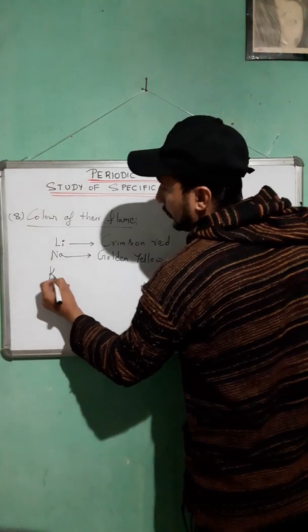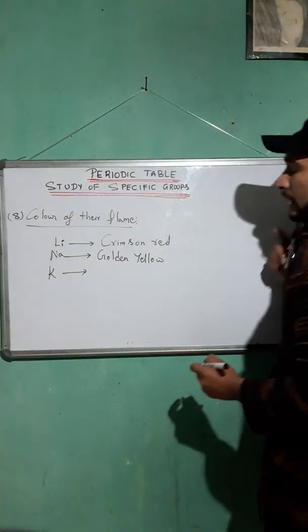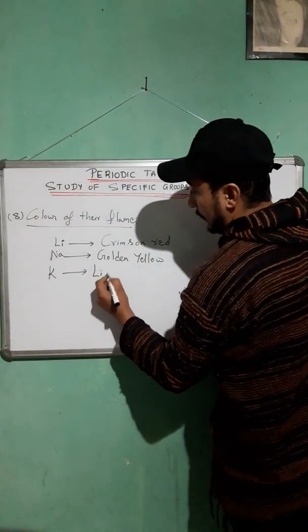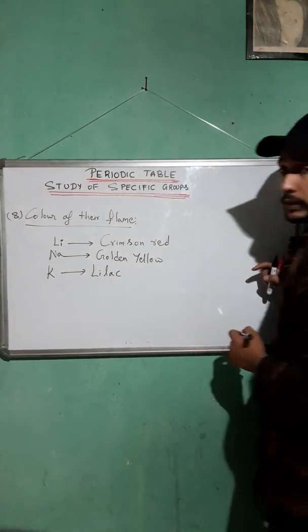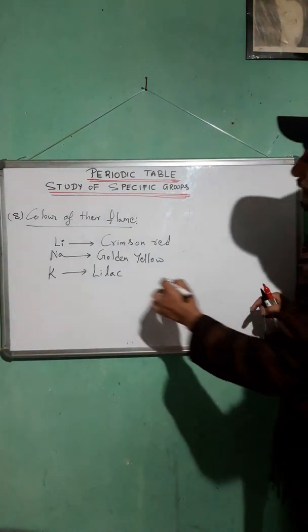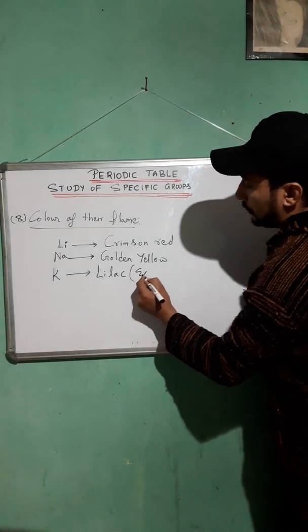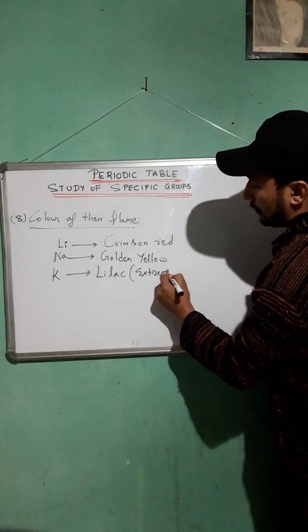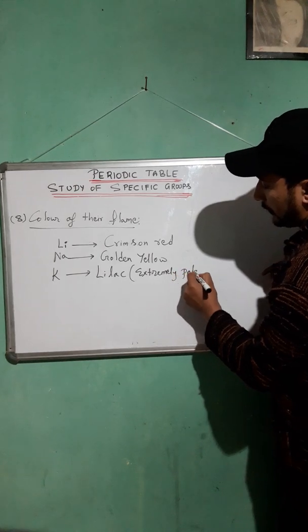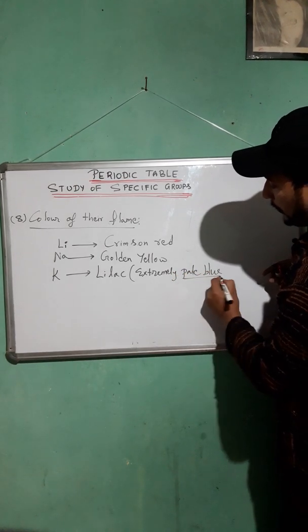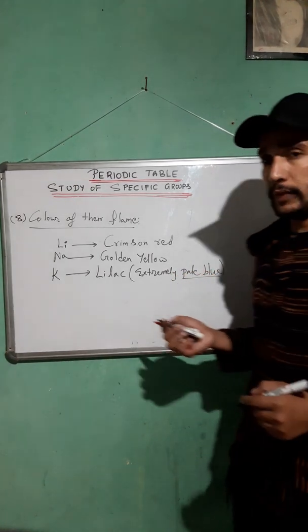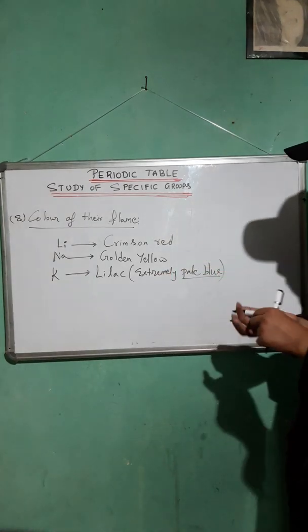And potassium, its salt gives a lilac color of the flame. Lilac means extremely pale blue. Pale blue means very light blue.